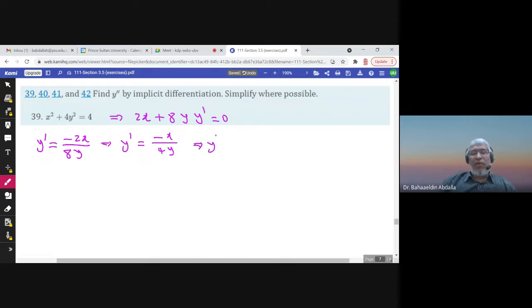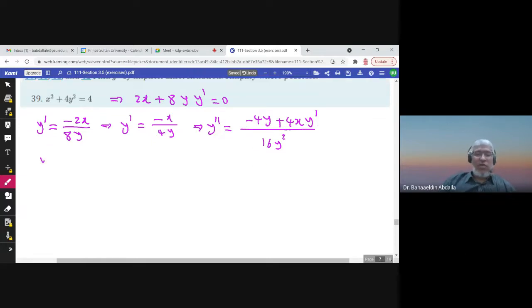And now let me find y double prime. Quotient rule. The derivative of negative x is negative 1. Minus times minus x would be plus, and the derivative of 4y is 4y prime. Well, that's the answer. You can leave it like this, or you can write it in terms of x and y only.